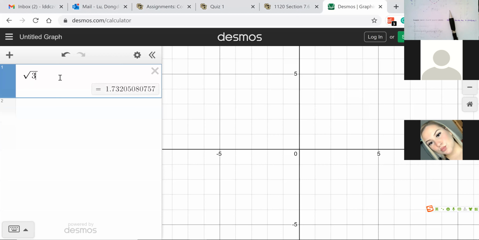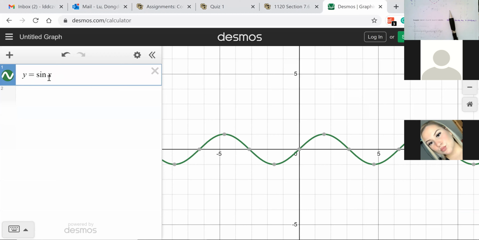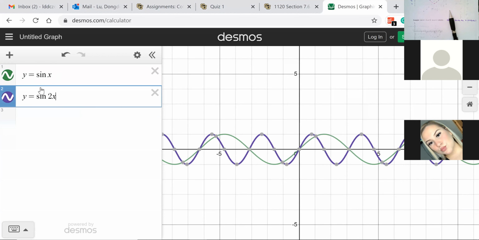Okay, let me show you my decimals. y equal to sine x, y equal to sine 2x. Okay. As you can see, the purple line is y equal to sine 2x. It shrinks the green line by half, okay?